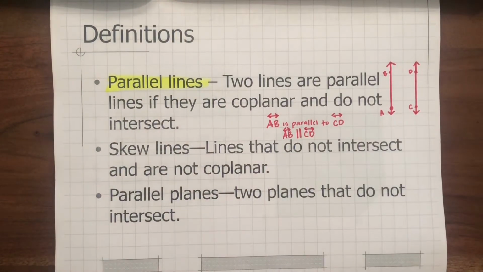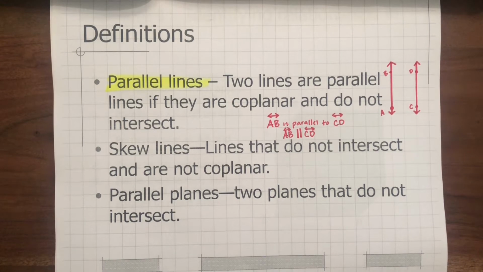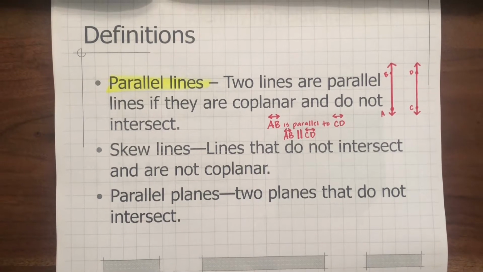And now let's move on to skew lines. So skew lines do not intersect and are not coplanar at all, okay? So basically they are just lines.